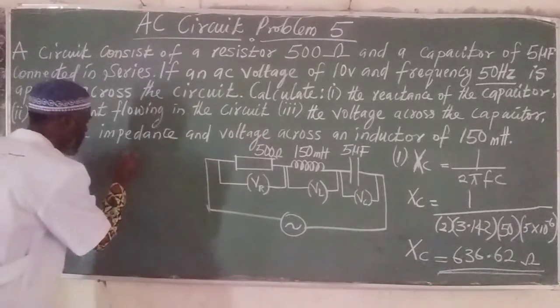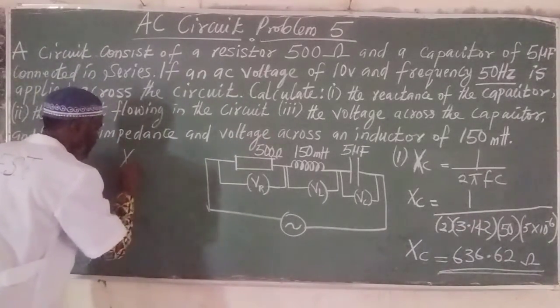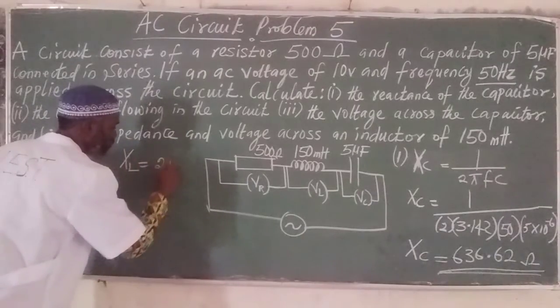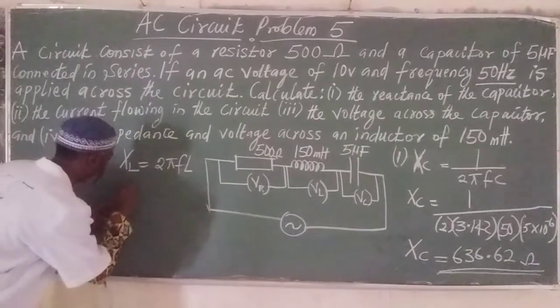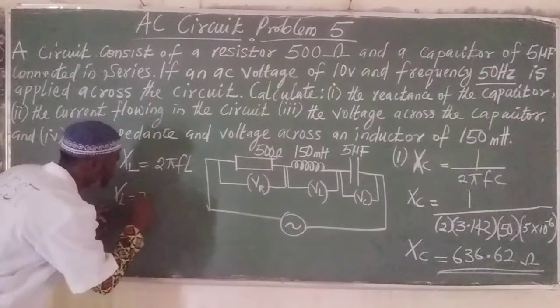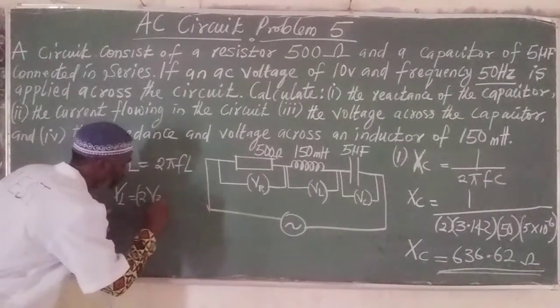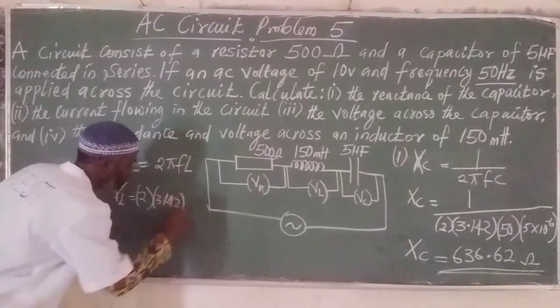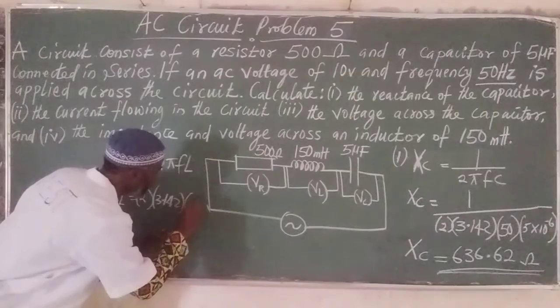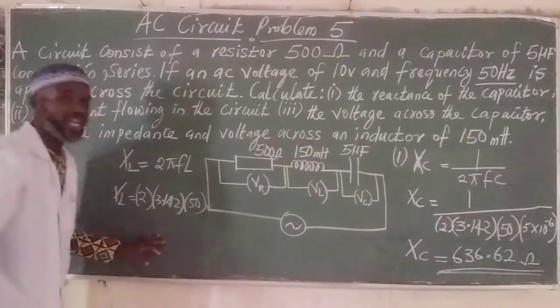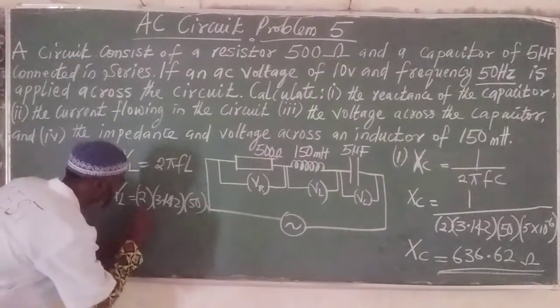The reactance of the inductor is given as 2 pi FL. With this, we substitute: 2 times 3.142, and then the frequency is given as 50.